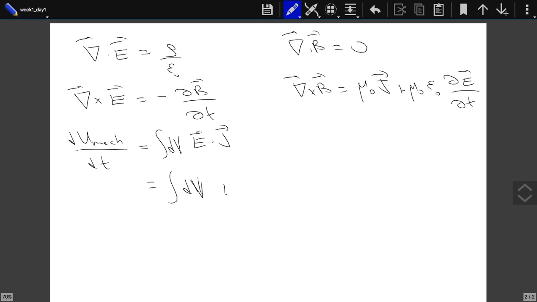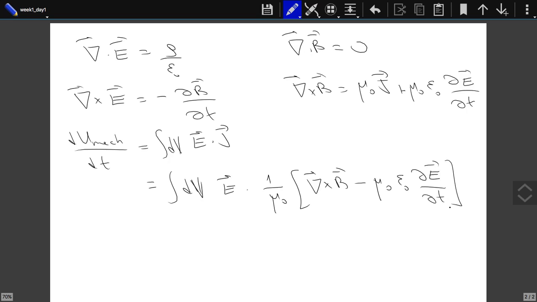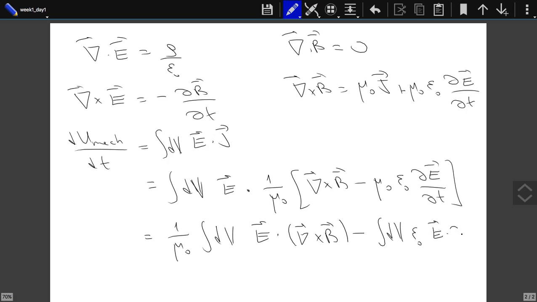So the volume integral of E dot J, where J is 1 over mu 0 curl of B minus mu 0 epsilon 0 dE by dt, is equal to 1 over mu 0 the integral dV of E dot the curl of B, minus the integral dV epsilon 0 E dot dE by dt.